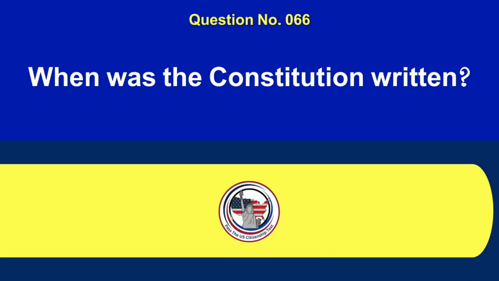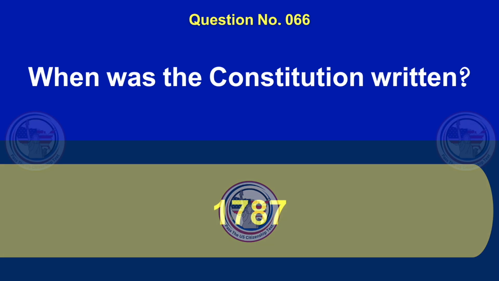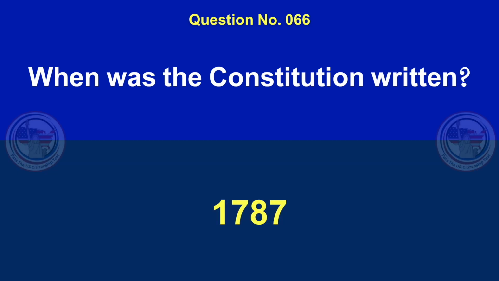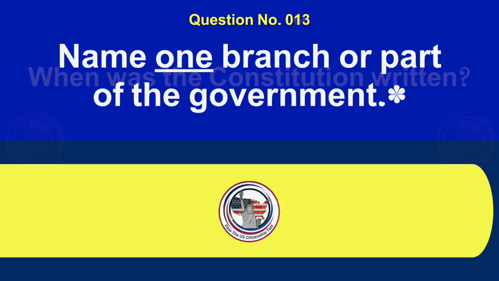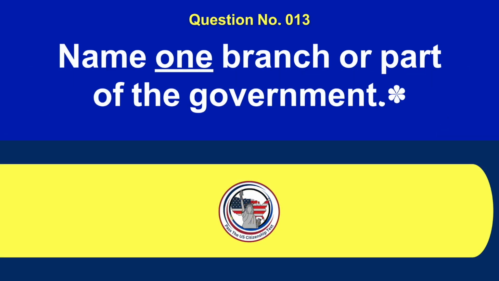When was the Constitution written? 1787. Name one branch or part of the government.